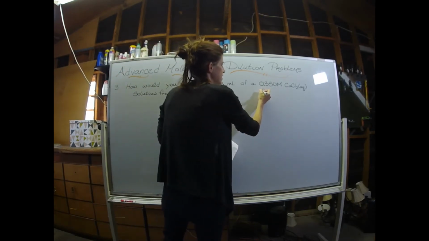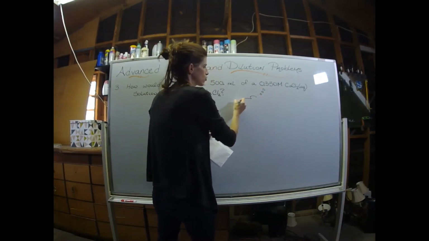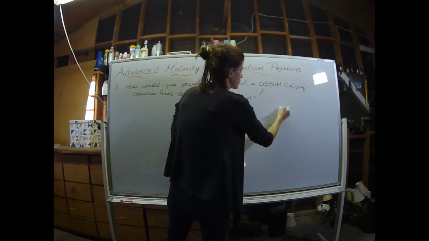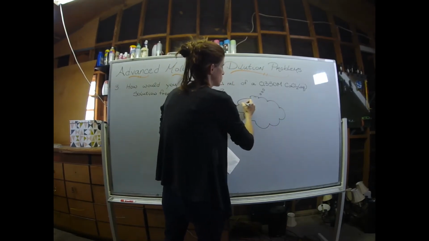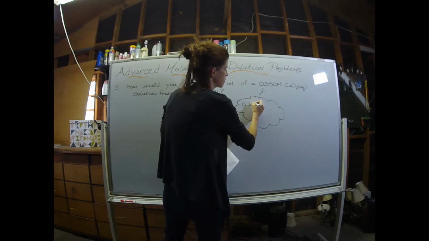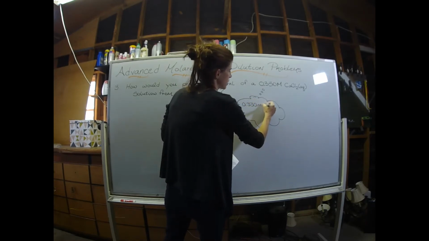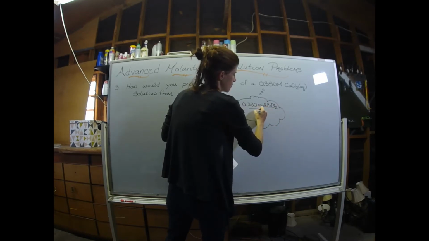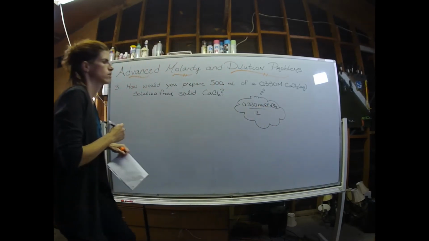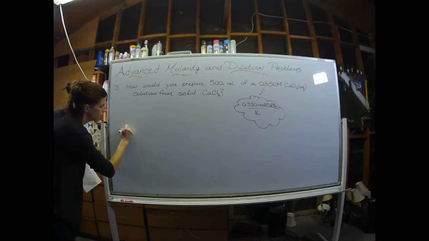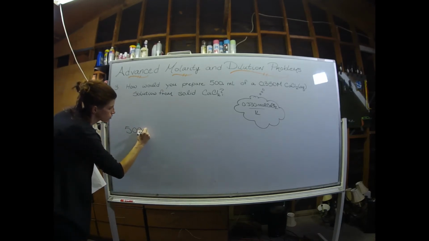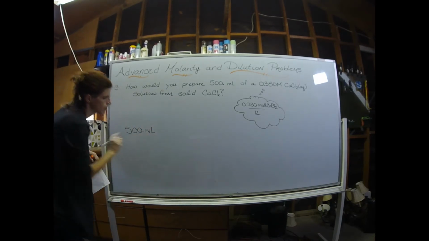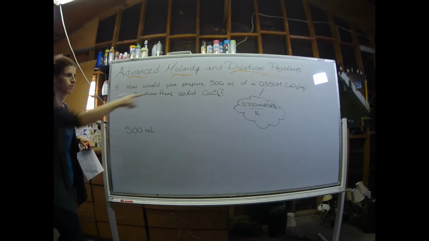So I'm thinking about this concentration as a conversion factor. 0.330 moles of calcium chloride need to be in every 1 liter of that solution. We're asked to prepare 500 milliliters. So I'll start my dimensional analysis with that number out front.